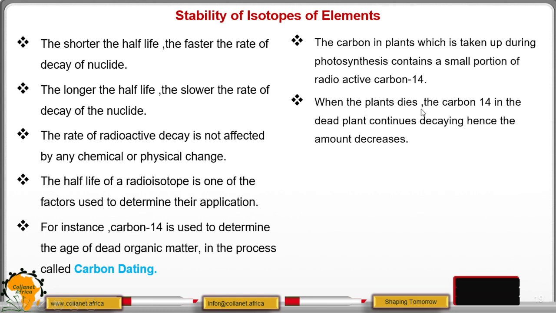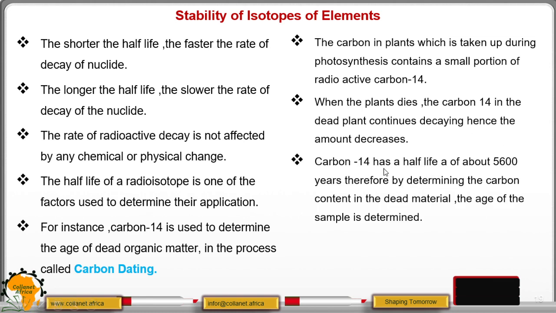Now, when the plants die, the carbon-14 in the dead plant continues to decay. Remember, it is unstable. It is radioactive. So it will continue to decay, and therefore its amount decreases. So carbon-14 has a half-life of 5,600 years, and therefore by determining the carbon-14 content in the dead material, the age of that sample can be determined.